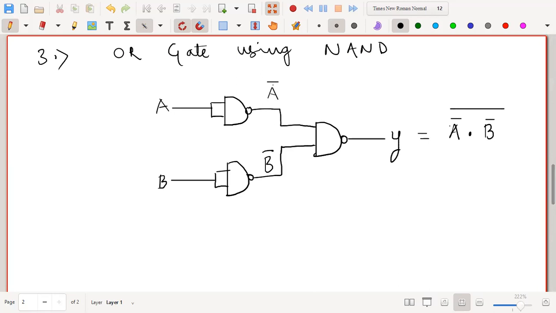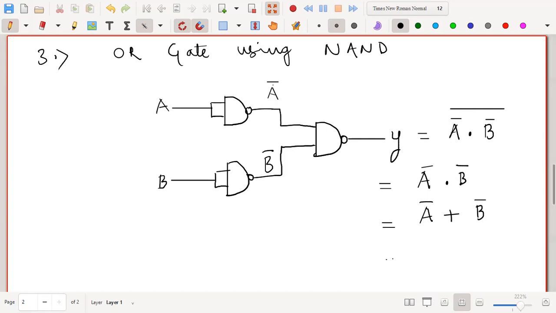Now, if you apply De Morgan's theorem here, according to De Morgan's theorem, rule number 1 is you first remove the overall NOT sign. So I'm just going to remove the overall NOT sign. Then you change each AND to OR and each OR to AND. So here this AND I change to OR. I am applying De Morgan's law. And then if there is any OR, you change it to AND.